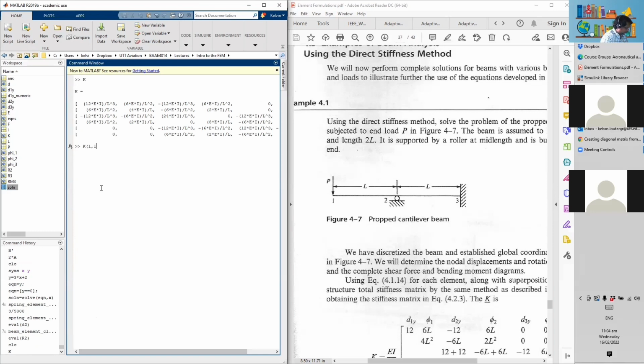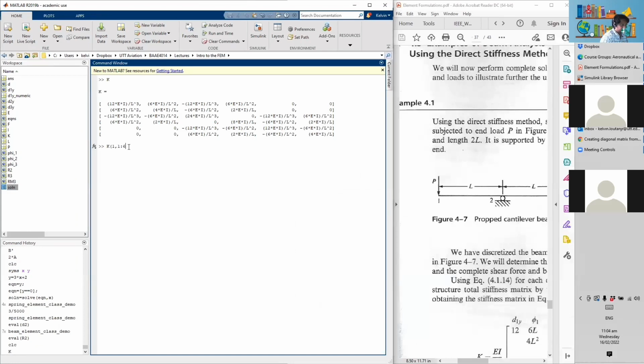So we're going from column 1, with the colon, to column 6. That will give us just that row alone. So if you want to build a matrix by pulling out individual lines, you could do it that way also.